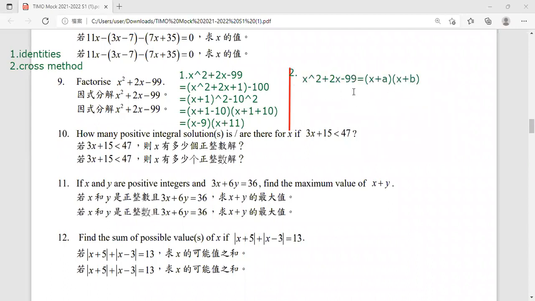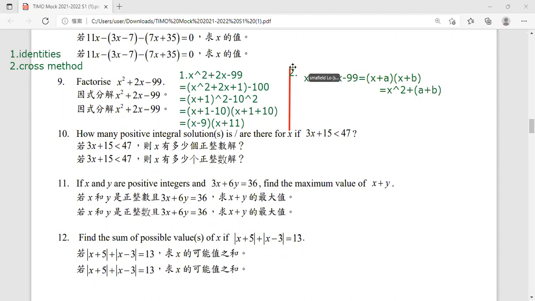Okay, now we'll expand the right hand side. You'll find that when you expand the right hand side, it is equal to x squared plus (a plus b) x plus minus 99.